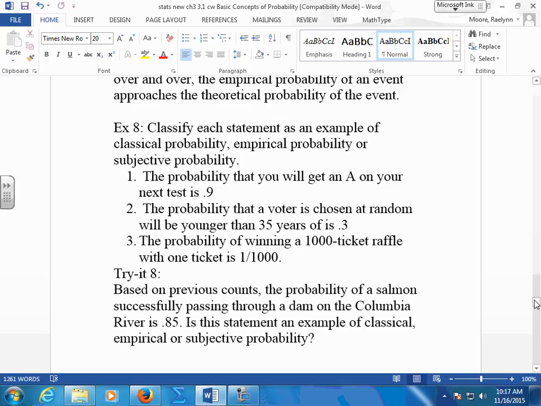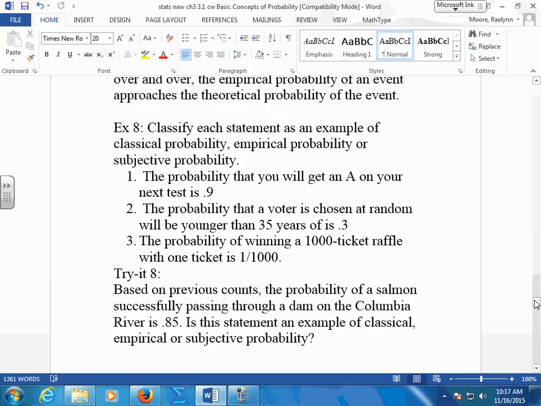I would probably go with the subjective just because even though your average is 90, does that mean you'll get a 90 on your next test? I could predict you'll probably do around 90, because that's what your average says, but this is probably more of a subjective question. But if you gave me a valid reason for it being empirical, I would kind of get the empirical part of it. It's kind of a little bit ambiguous, but I would go with the subjective part.